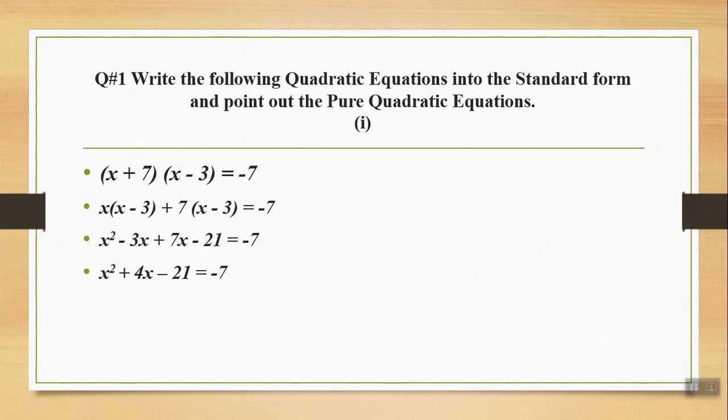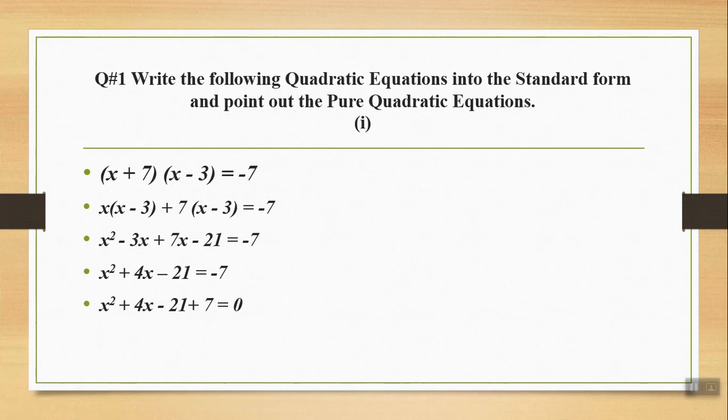Again, next step, x square plus 7x and minus 3x, it will become 4x minus 21 equals minus 7. Again, x square plus 4x minus 21 equals minus 7. As you know very well, we just have to convert it into the standard form, and in the standard form on the extreme right side it should be 0.